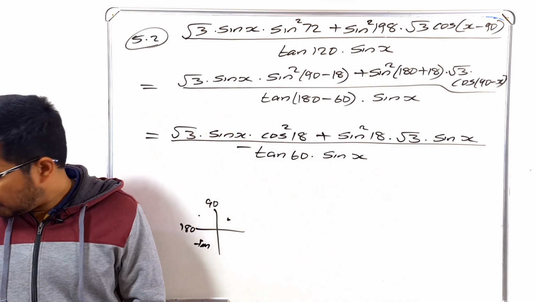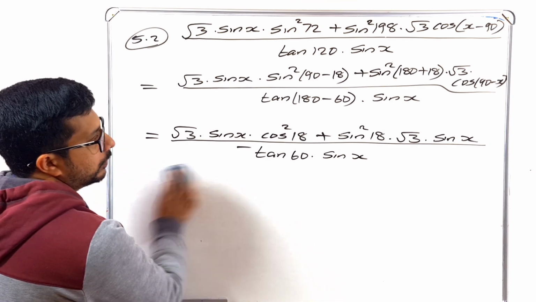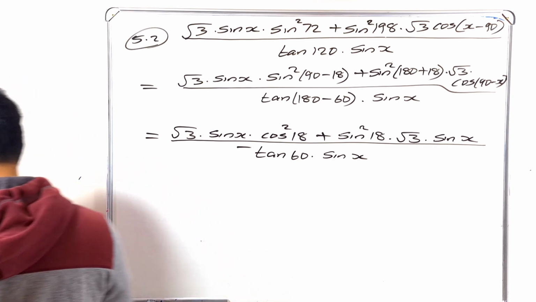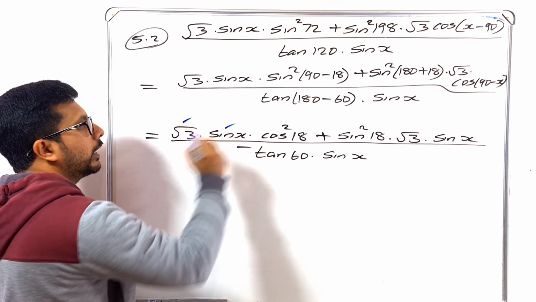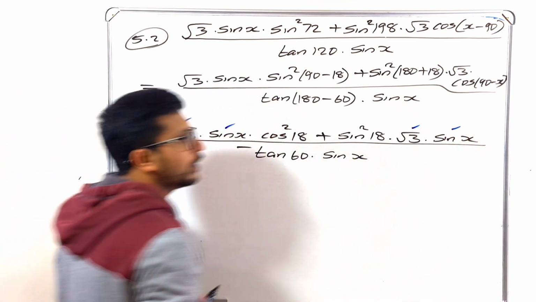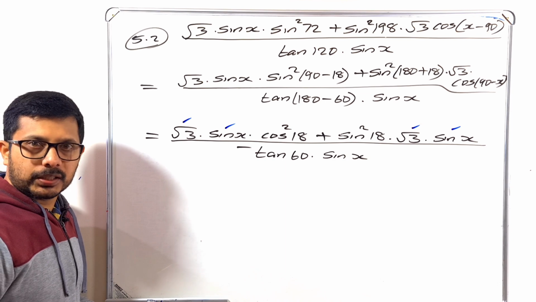Now what is this one? What is the next step? Here look at these ones. There is a root 3 here, sin x here. There is a root 3 here, sin x here. So you can take that root 3 sin x as common factor. Am I right?